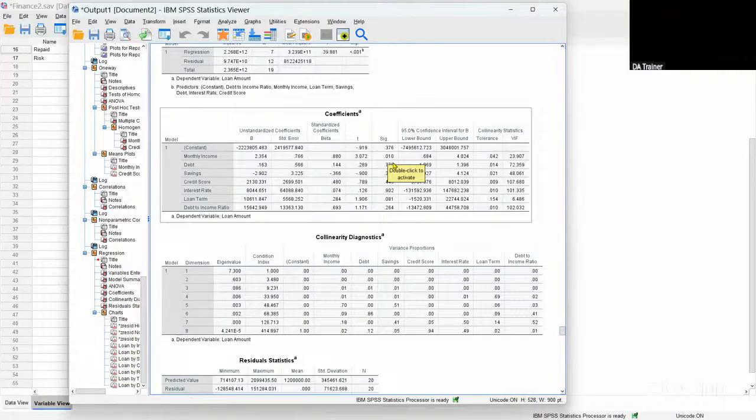And with that, we can now say what factor predicts loan amount is the monthly income. That is the conclusion. The factor that predicts the loan amount is monthly income.